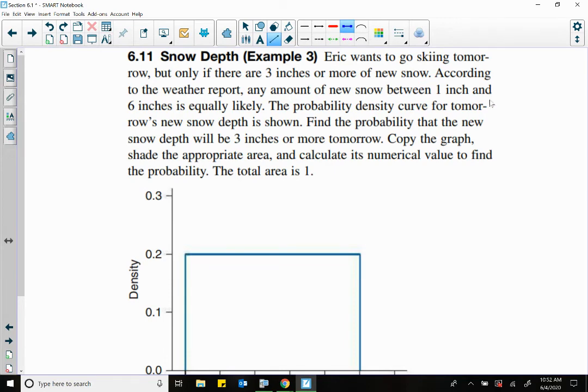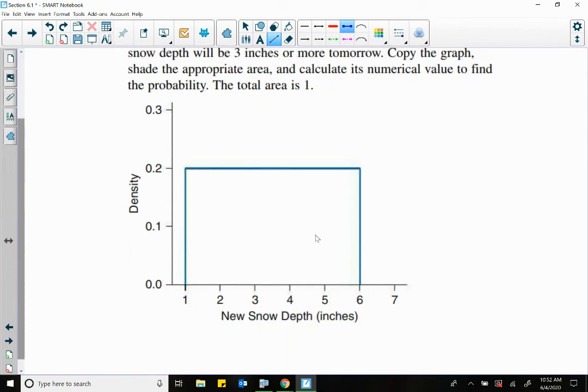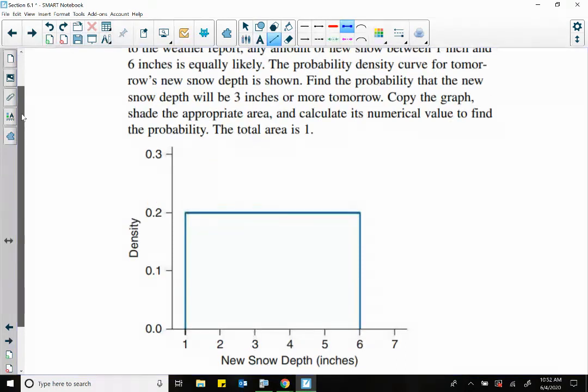Just like down here when it says rain, expect 1 to 5 inches of rain. That's a continuous answer. And that's what they're showing you here. This is what a continuous answer looks like. Again, in 6.2, we're going to look a lot more at these continuous type answers. But this is a continuous answer for what's going on here.